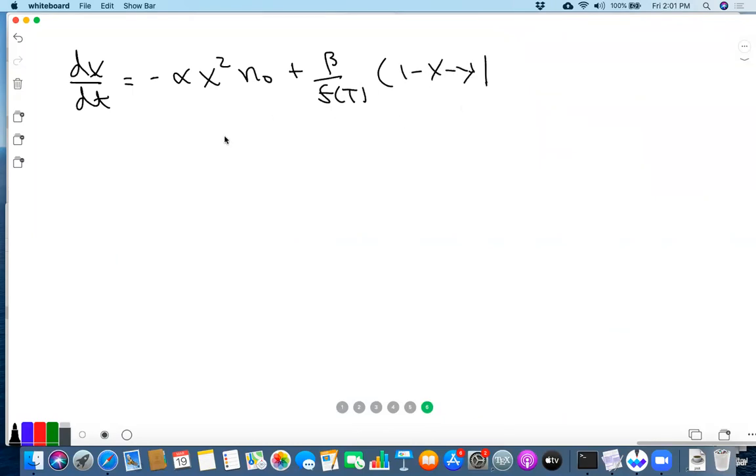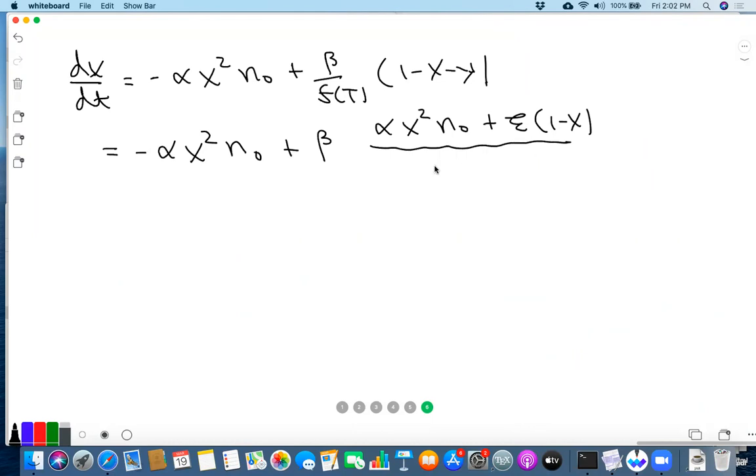And if you make that substitution, then you'll get minus alpha x squared n naught plus beta times alpha x squared n naught plus e times (1 minus x) over gamma 2s plus 3p gamma 2p plus beta plus e, or e times f of t.